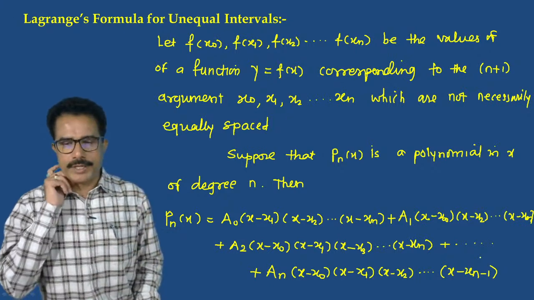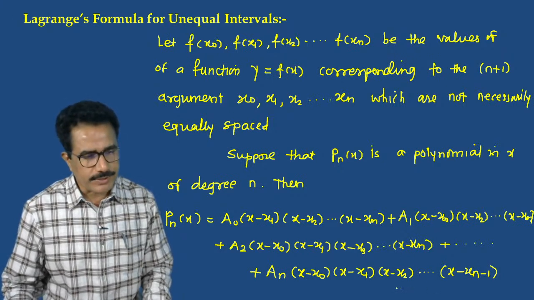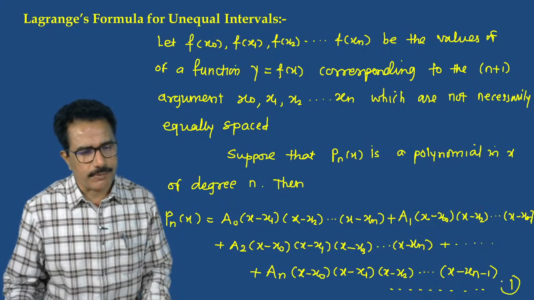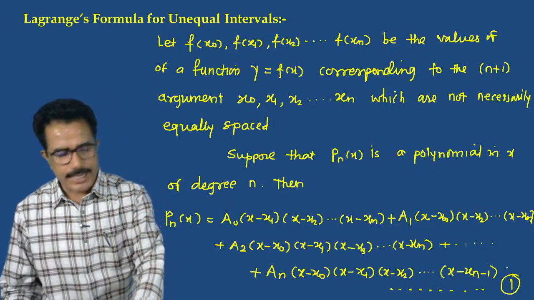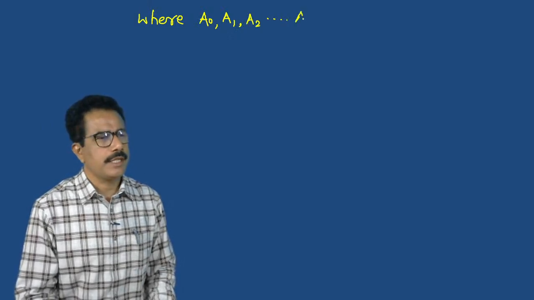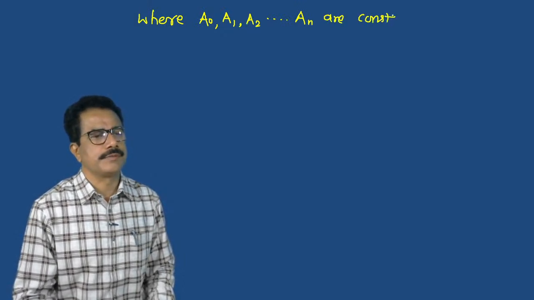Okay, so we can call this equation number 1, where a0, a1, a2, dot dot dot an are constants.